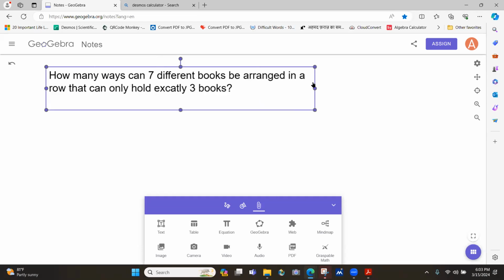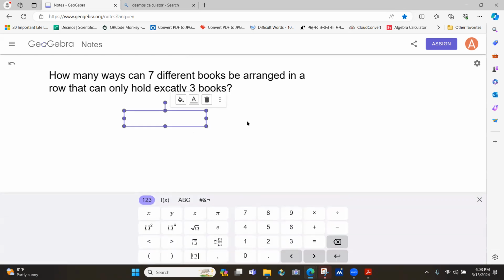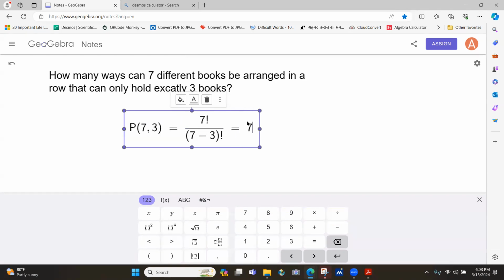So how do we do that? Well, we're talking about arrangements and it's a permutation problem. You can simply say it has to be 7 comma 3. And 7 comma 3 is 7 factorial divided by 7 minus 3 factorial. And that's going to be 7 factorial divided by 4 factorial.